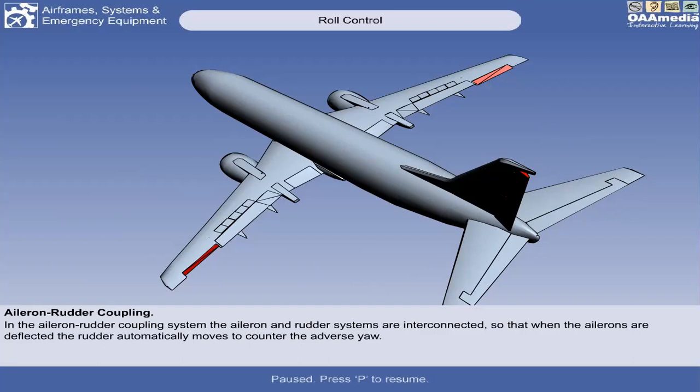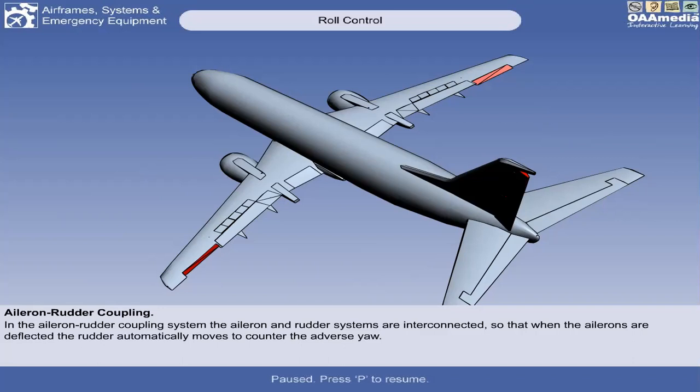Okay, ma-experience nyo yan sa flight simulator or once you already, you're flying an aircraft, no? Actual aircraft. So, ang tawag dyan is the aileron rudder coupling. So, interconnected yung aileron and rudder systems natin so that when the ailerons are deflected, the rudder automatically moves to counteract the adverse yaw. So, yun yung tendency, no?